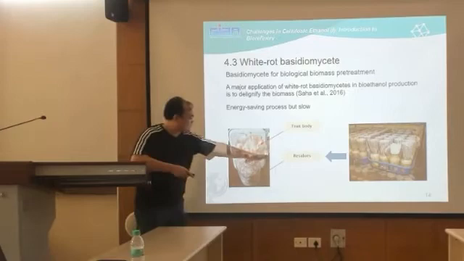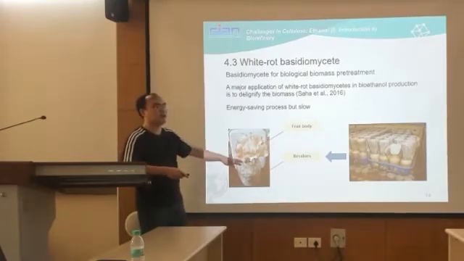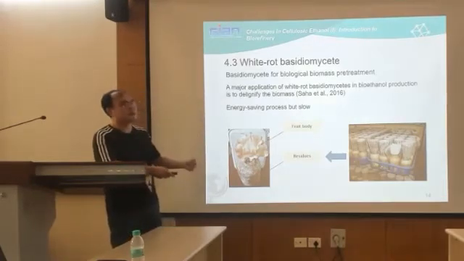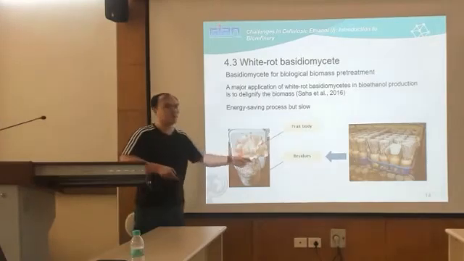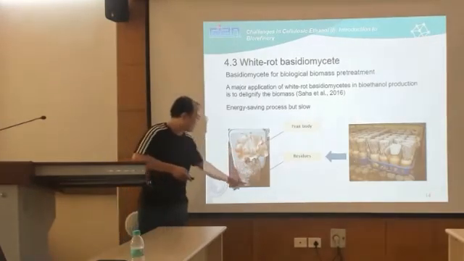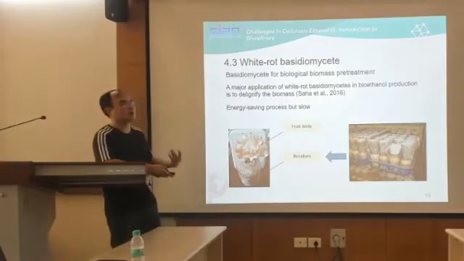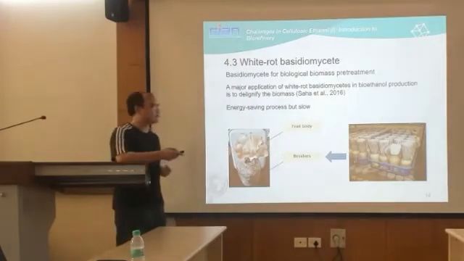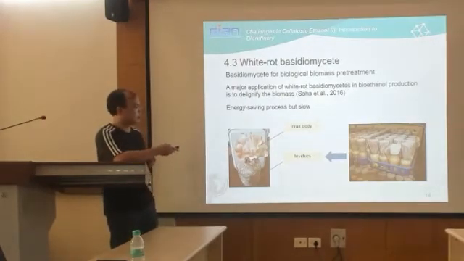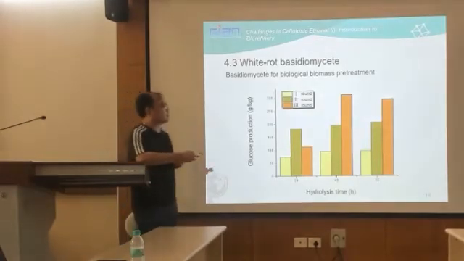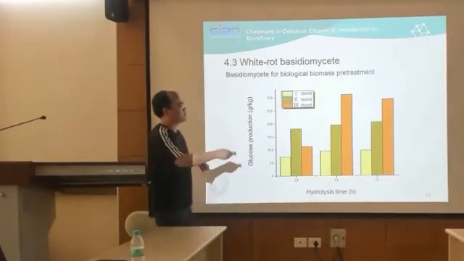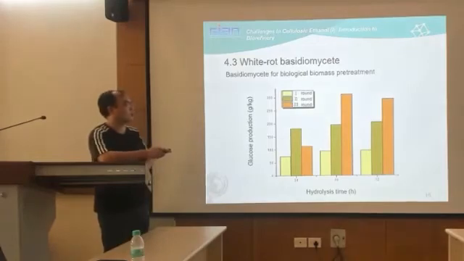Second round means after it is harvested, it grows again, after maybe 9 or 10 days, and produces fruit body again. Then the lignin in the residues is further lowered. And the third round, the mushroom produces fruit body for 3 rounds. The results suggest that the third-round residues are much more readily digested by cellulases.